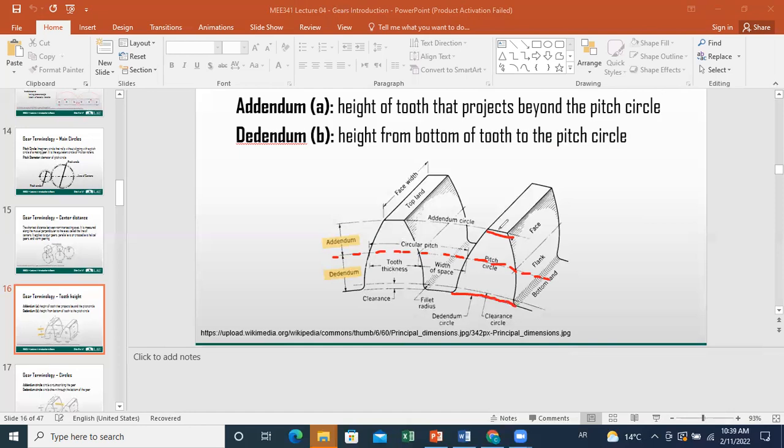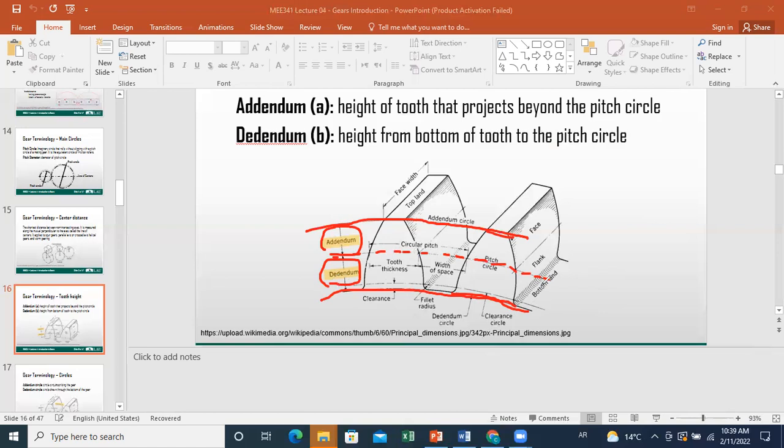The distance between the top circle and the pitch circle is called addendum. And the distance between the pitch circle and the bottom of your tooth is called dedendum. We'll see together that we have relations between these and the pitch diameter.